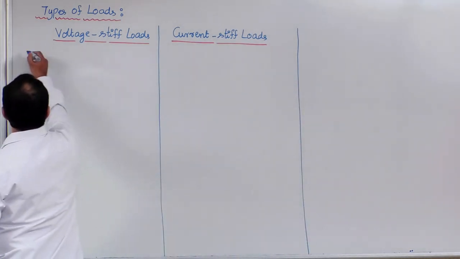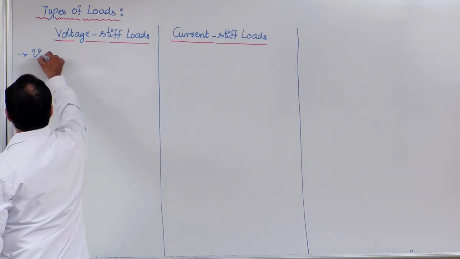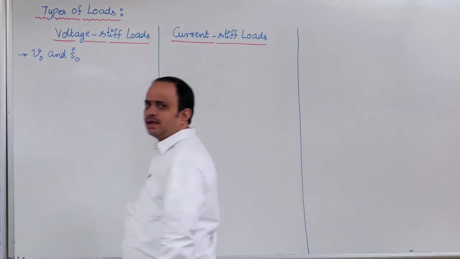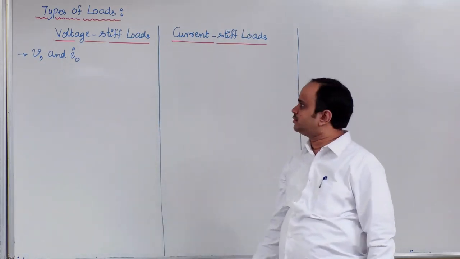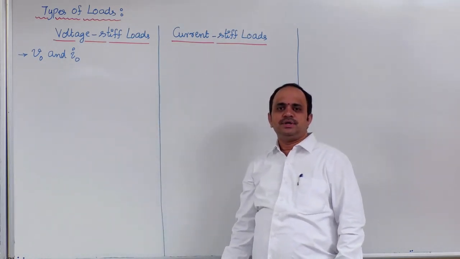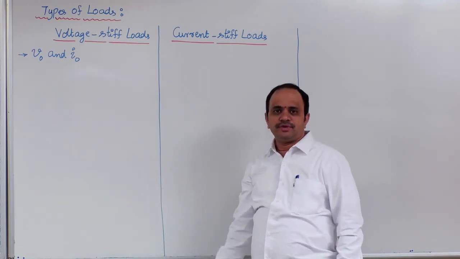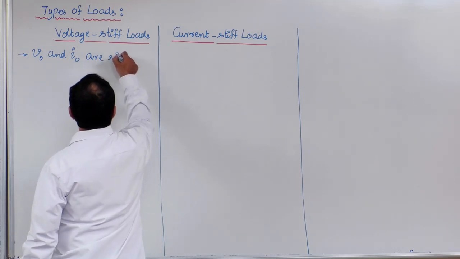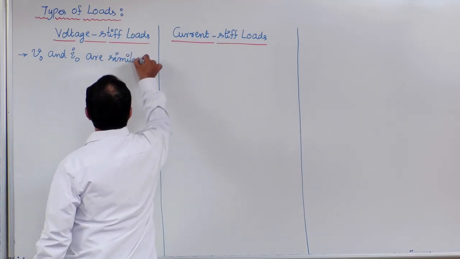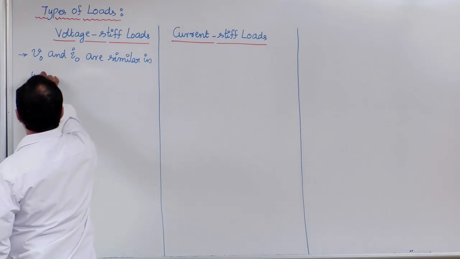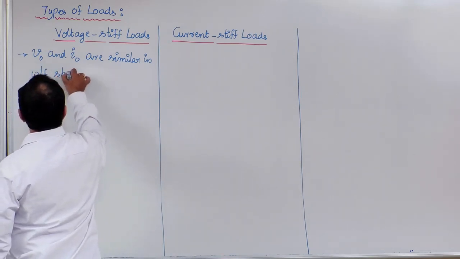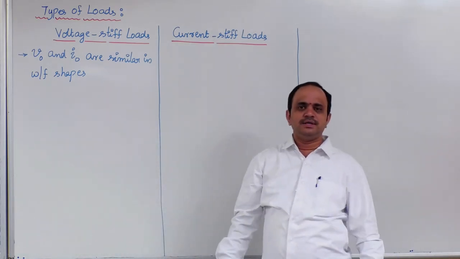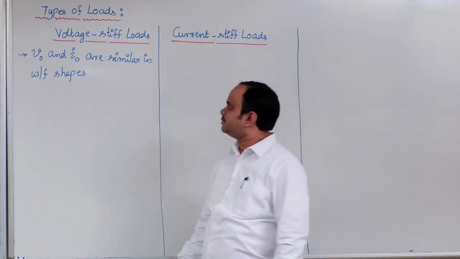So in this particular first category, output voltage and output current waveforms, I am writing small letters, v0 and i0 waveforms are similar in waveform shapes.